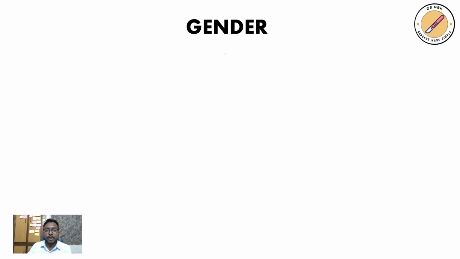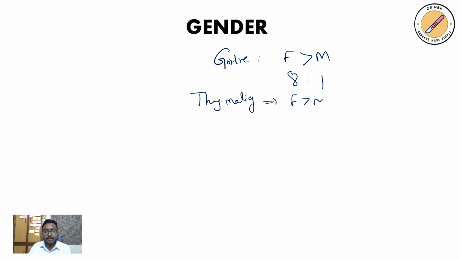So obviously, goiter is more common in females. How much more common? Females are more prone to get goiter, 8 to 1. Whereas thyroid malignancy per se is again more common in females, 3 to 1. So these are the two important points you should remember.